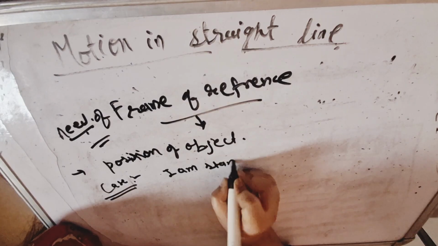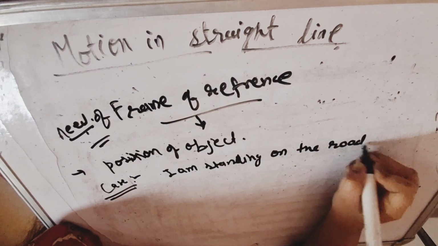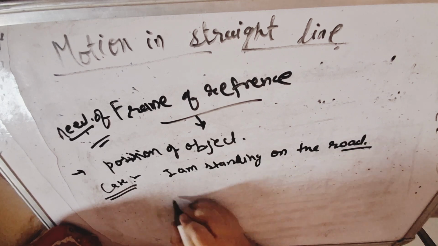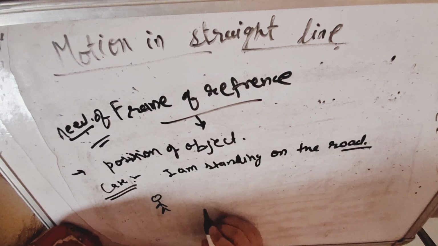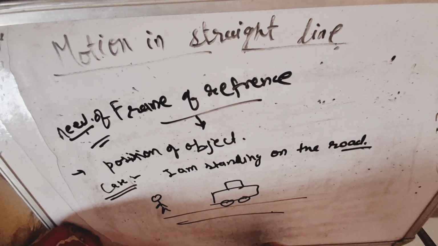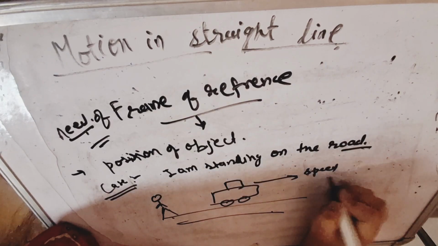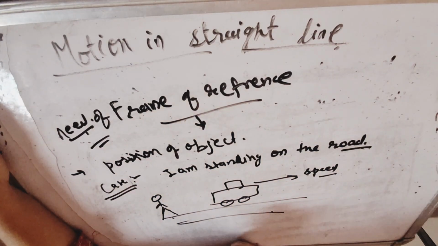The first case: I am standing on the road. Here I am. A car is on this road. I am standing on the road. The car is moving with some speed.